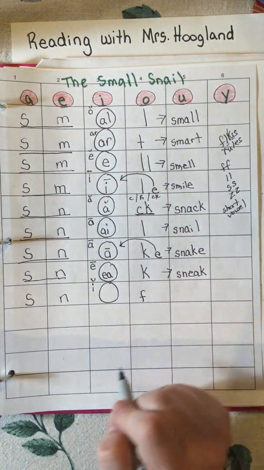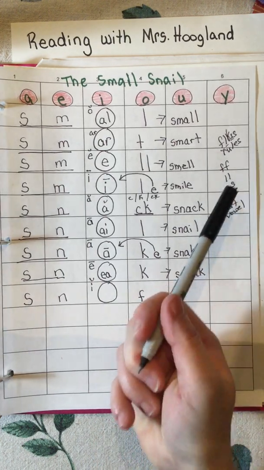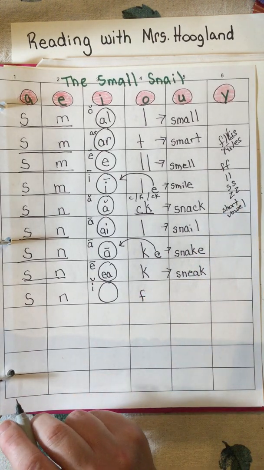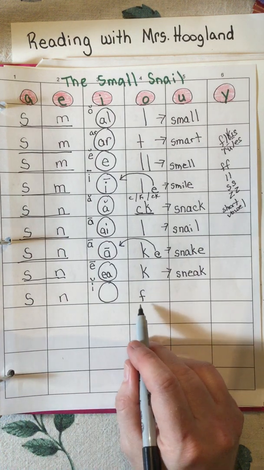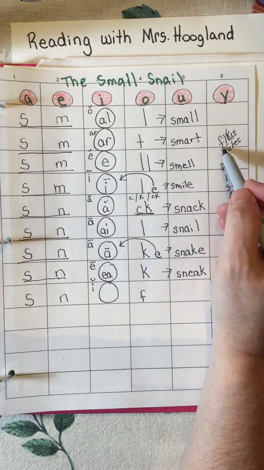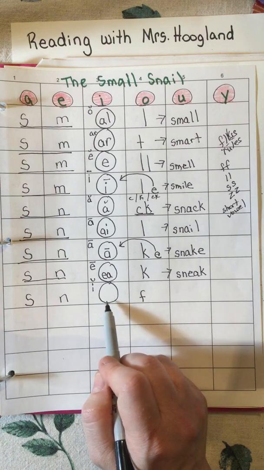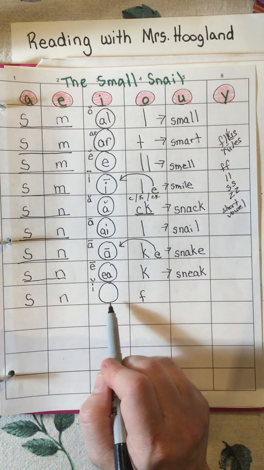Well, I want to see if you remember something here. What do I need to do on this word right here? It has something to do with the floss rule over here. You think you know? What letter does this word end in? An F? F is the first letter of floss. Does it come after a short vowel? Yes.